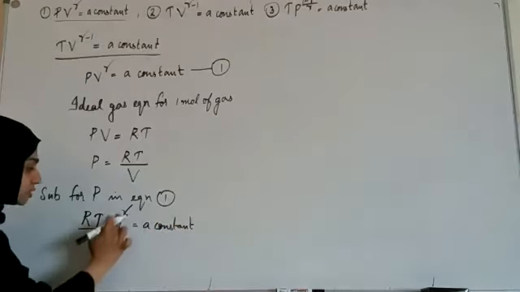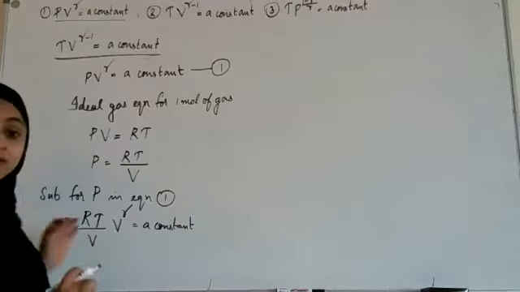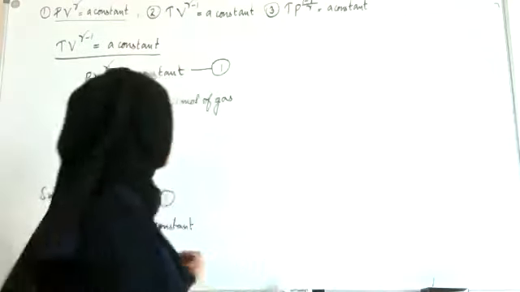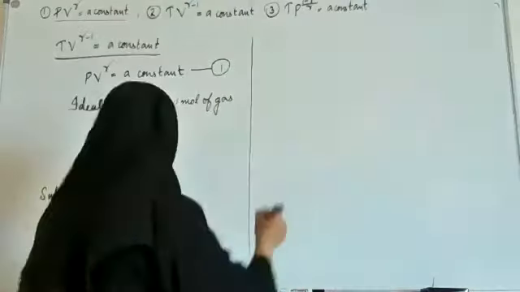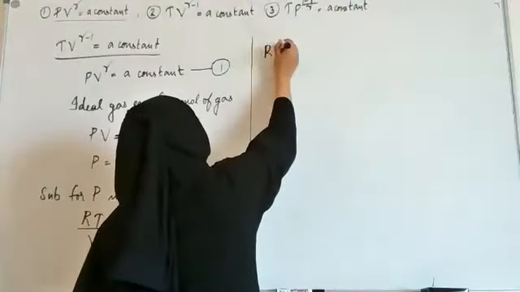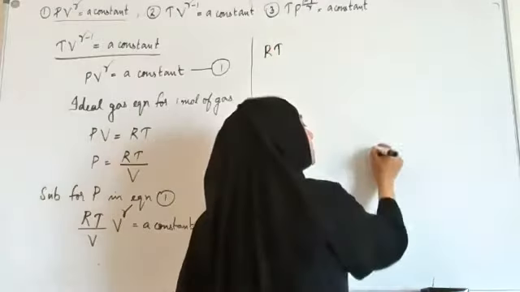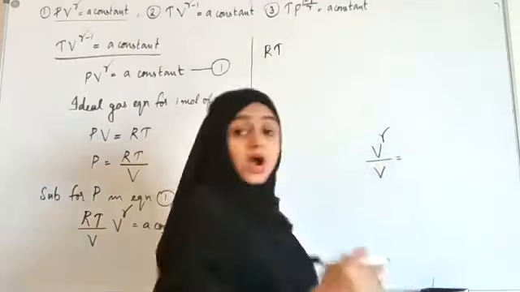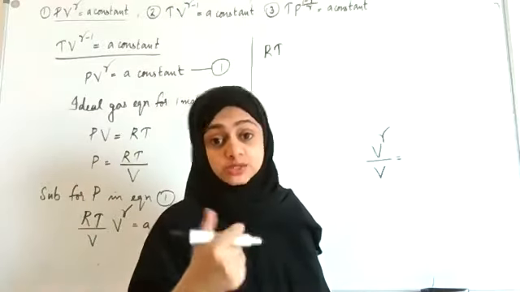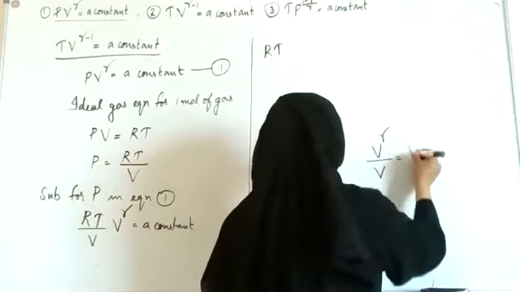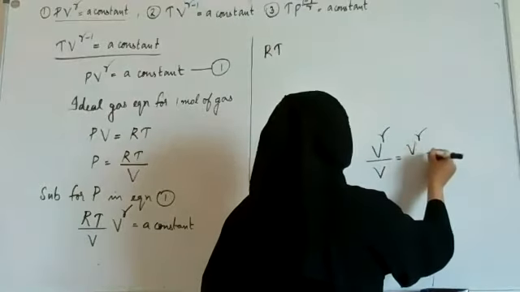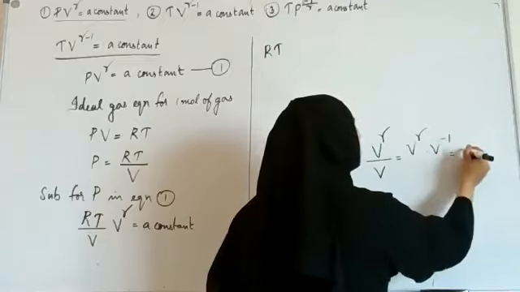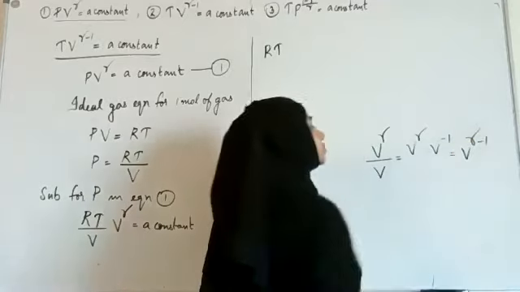Right? Now what is V raised to gamma by V? RT, you have V raised to gamma divided by V. 1 by V means V raised to minus 1, right? So this is V raised to gamma times V raised to minus 1, which is equal to V raised to gamma minus 1.